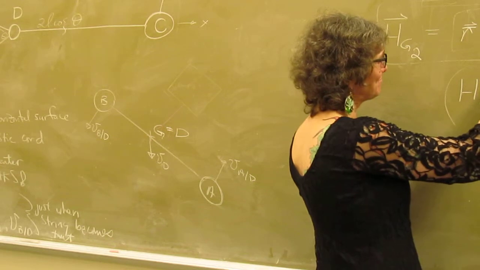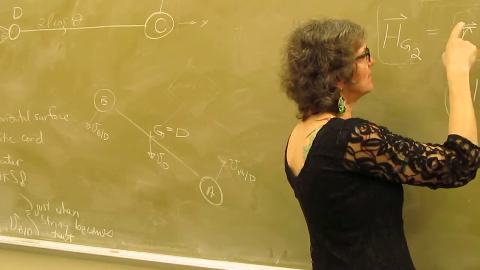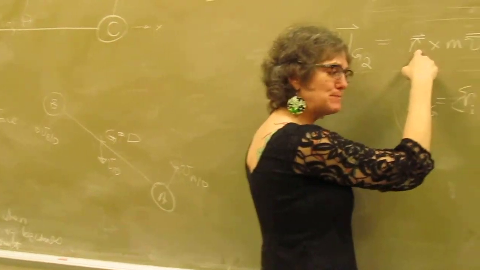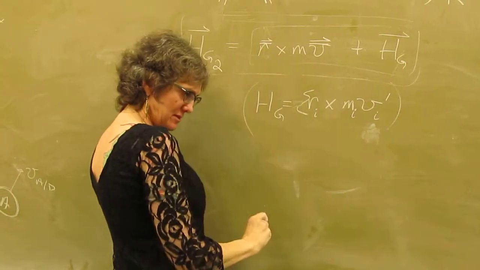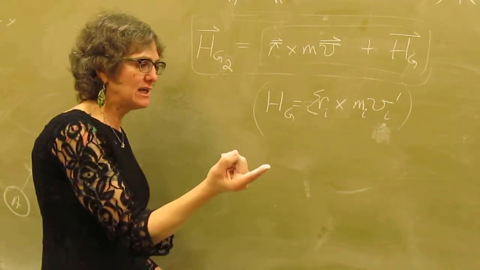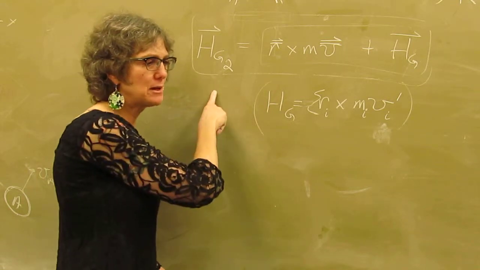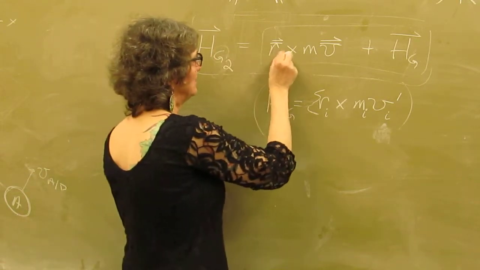So this R bar is the displacement vector from the mass center to wherever you're calculating the angular momentum about. Well, in this case, we're calculating it about the mass center, so this is going to be 0.